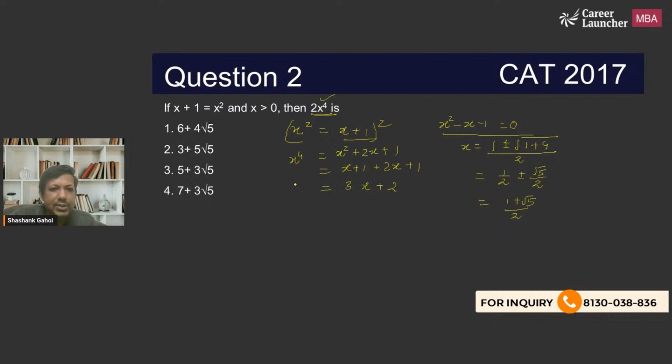So x power 4 is going to be 3 plus 3 root 5 divided by 2, plus 2. But the question is not talking about x power 4, the question is talking about 2x power 4. So multiply everything by 2 will give me 3 plus 4, that is 7 plus 3 root 5, and that's option 4. So that is how we are going to approach this question.